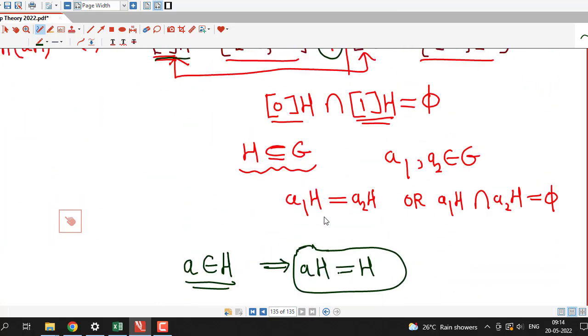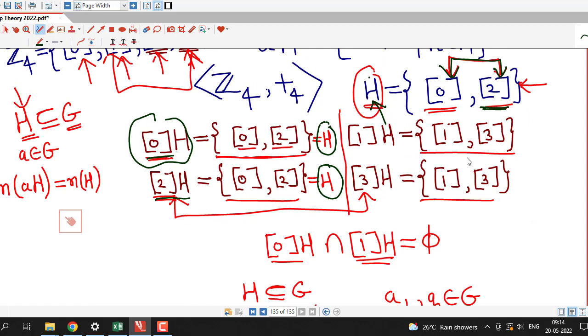Another observation is, the left coset corresponding to 1 has two elements, 1 and 3, and this element 3 belongs to this equivalence class.